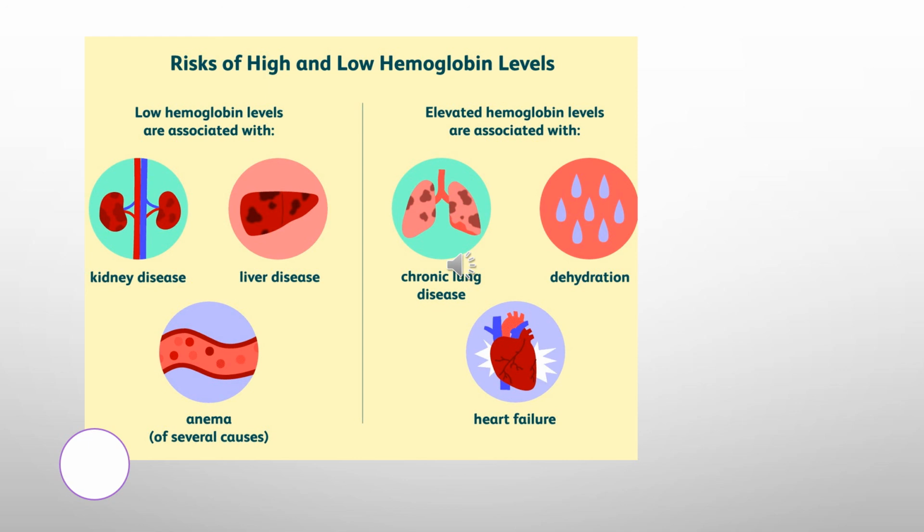Because if the hemoglobin content in the blood is higher, what will happen? The blood will become thick, viscous, more thicker. Then that thick blood is difficult to circulate or to pump out from the heart, so it is very risky. So there is a need to maintain the hemoglobin level in the body in the normal range.